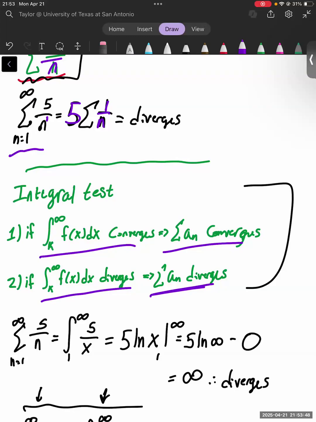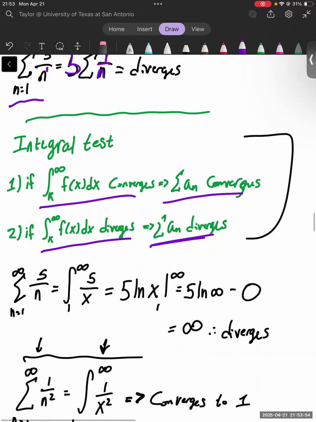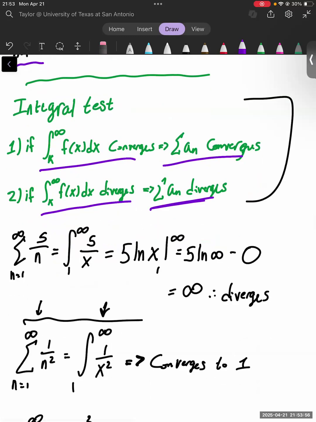Okay, so this will explain why the harmonic series diverges. Using the integral test, again, this is the same example as we had from before. I have the sum from n equals 1 to infinity of 5 over n. What I can do is convert this from f of n to f of x, which leaves me with 5 over x.